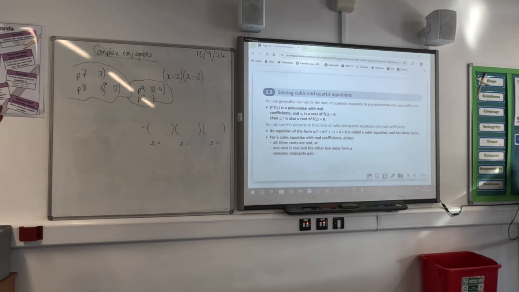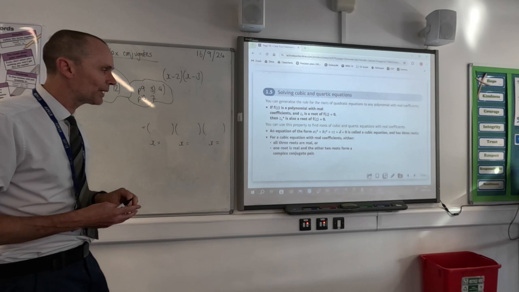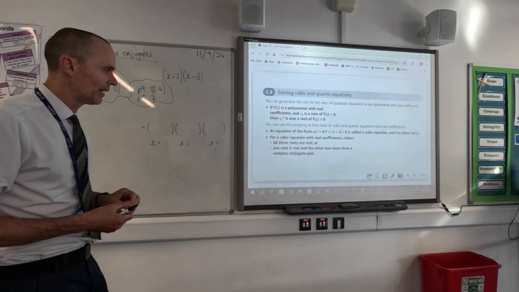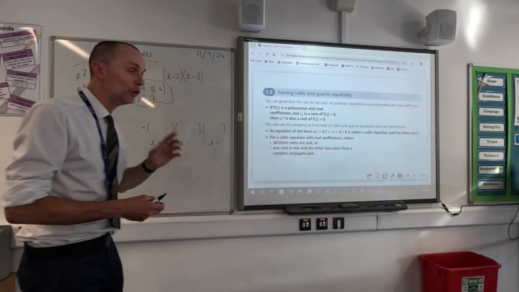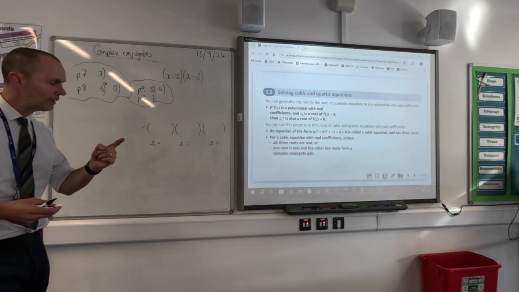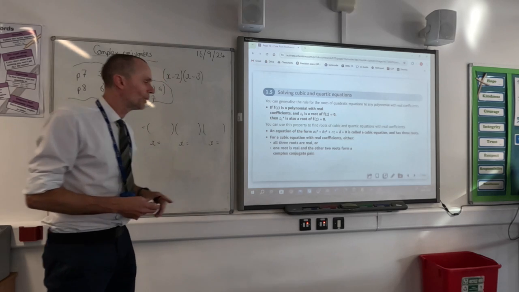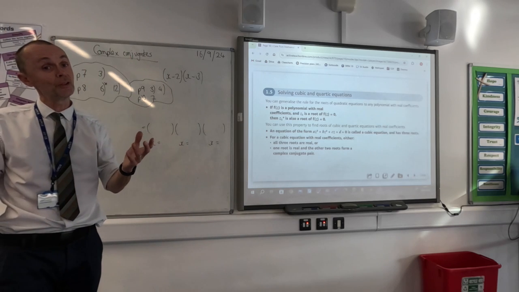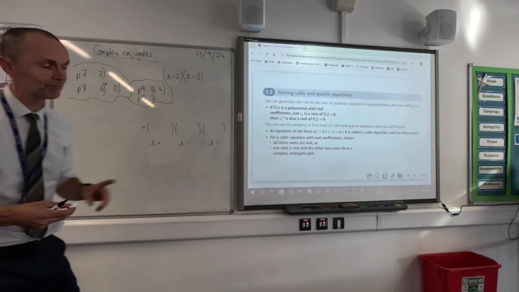And this is the bit I wanted to show you. So for a cubic equation, either all three of these are normal numbers, or you get one normal number and two imaginary numbers, and guess what? The two imaginary numbers are a complex conjugate pair. Okay?